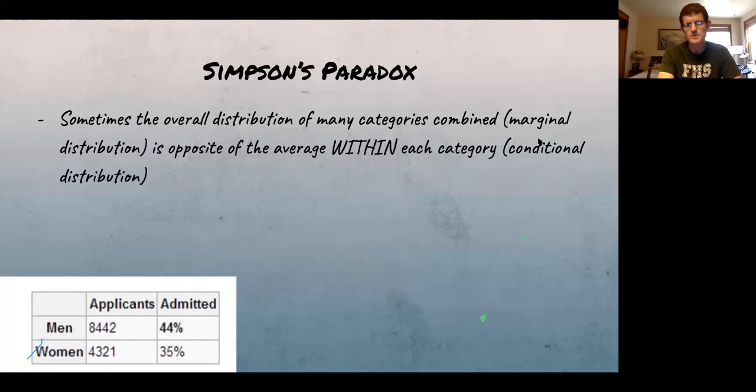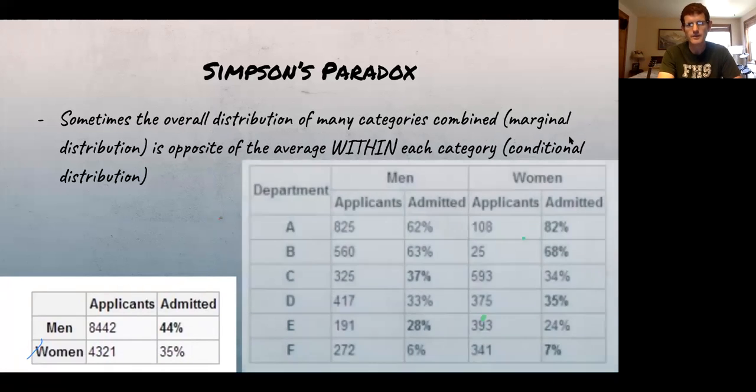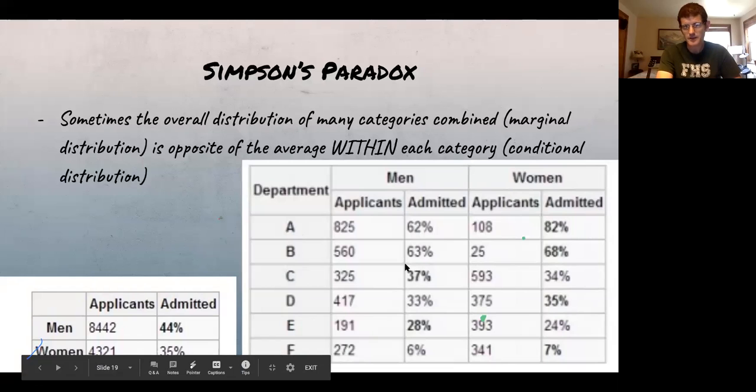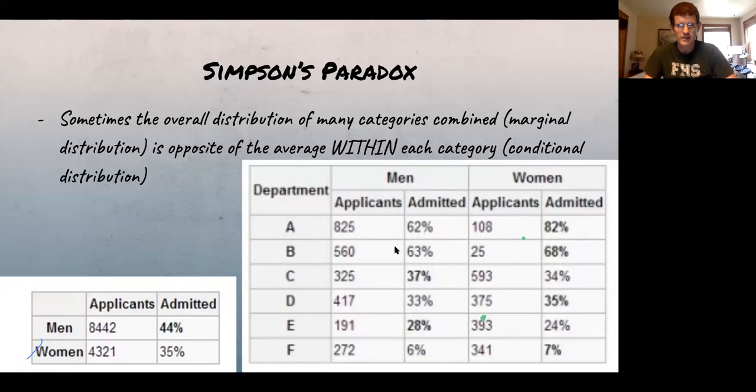And now we're talking about Simpson's paradox, because when you break it down by department, and we don't know what departments these are, that could be like science and engineering and something like that. But when you break it down and look at the conditional distributions, how does the story change? You can unmute and say something to this.